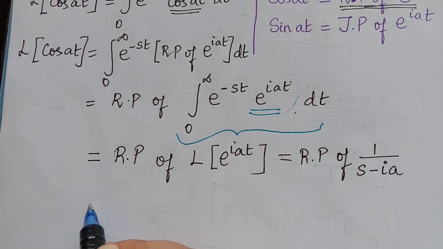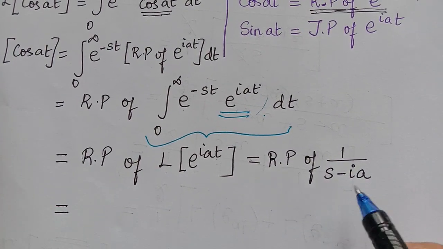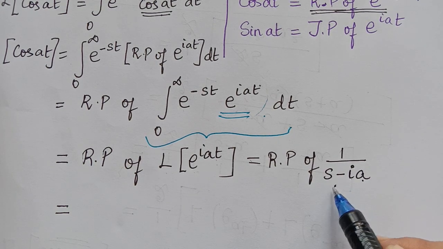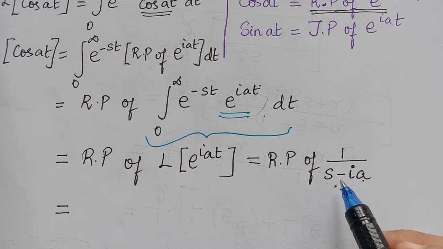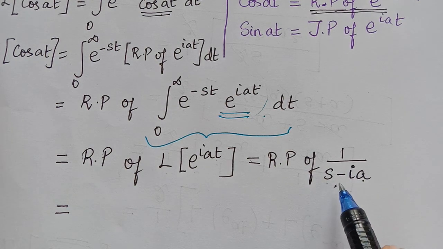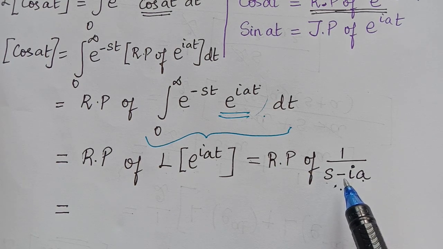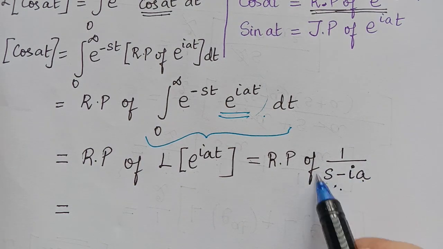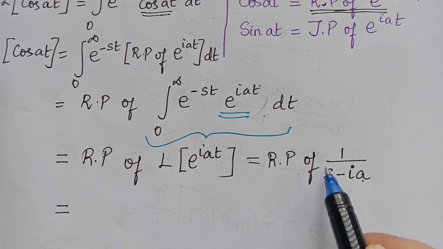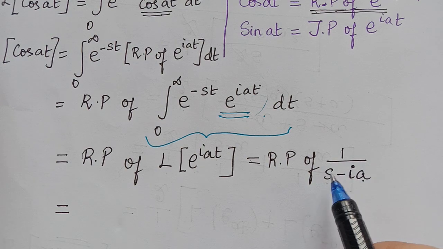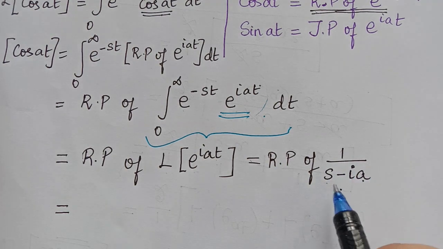And so that is equal to, now whenever you have an imaginary number in the denominator, always remember you should multiply and divide this term by the conjugate of the denominator in order to get rid of the imaginary number in the denominator. But when we multiply something, we should also divide it by the same. So multiply and divide by the conjugate of the denominator.